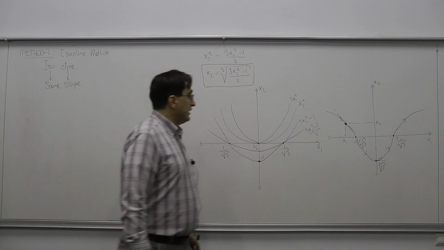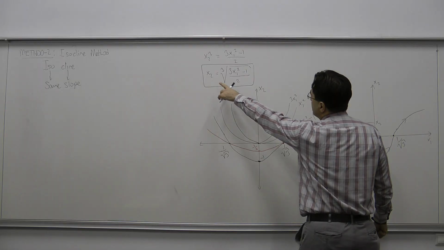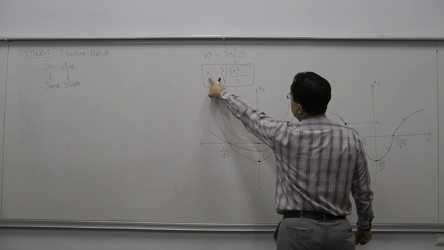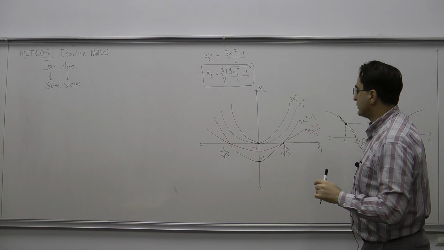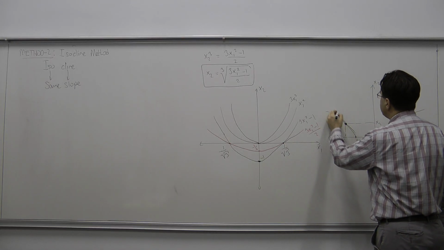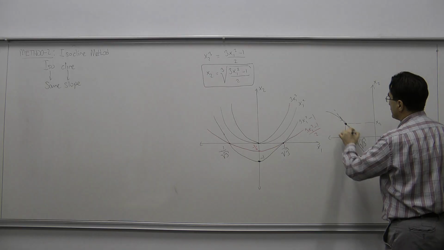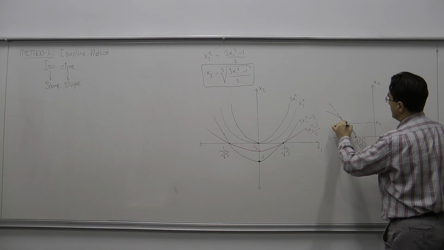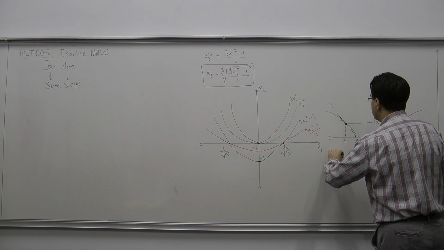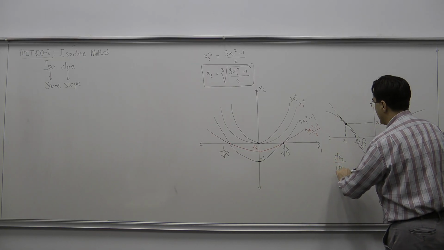This is really easy, because we have obtained x2 with respect to x1. The slope of this line, the tangent to the curve, is nothing but dx2 over dx1.